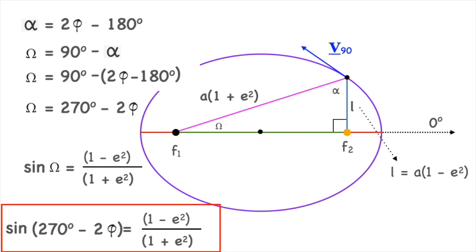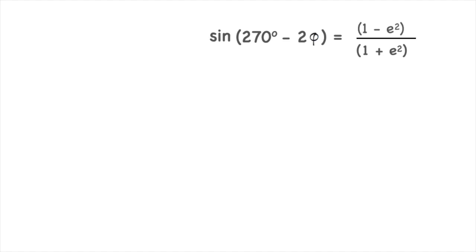Now we need to manipulate this equation a little bit using some trigonometric identities and a little bit of algebra. I'm going to move it onto some fresh workspace. So here it is, and as we work on this equation, I want to be able to indicate for you the trigonometric identity that we are using for each manipulation.